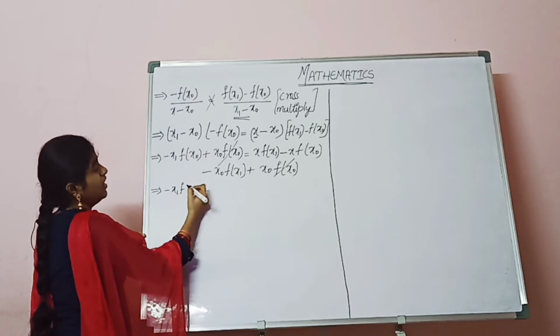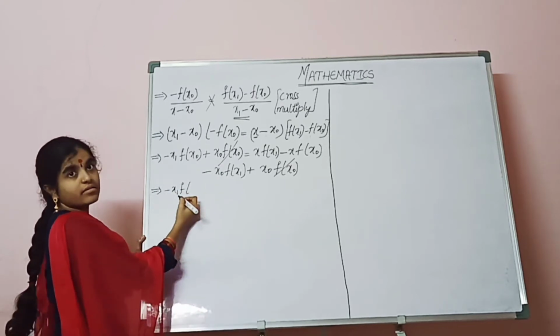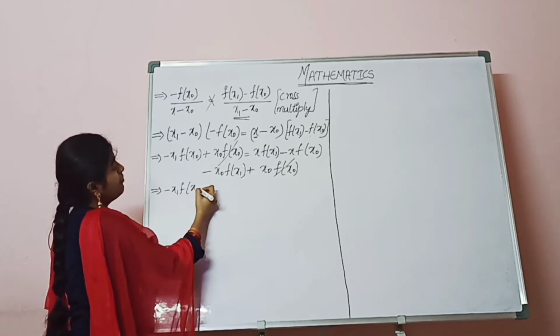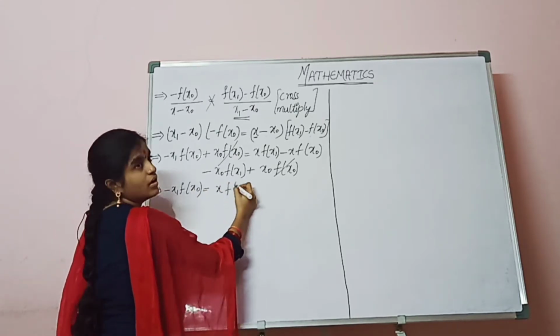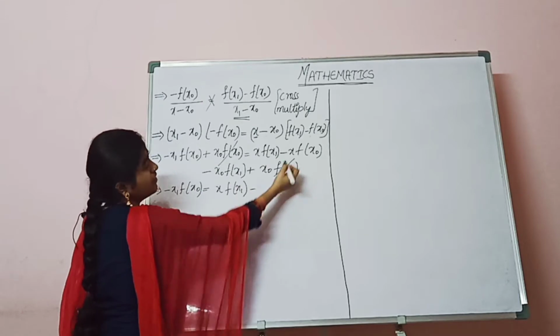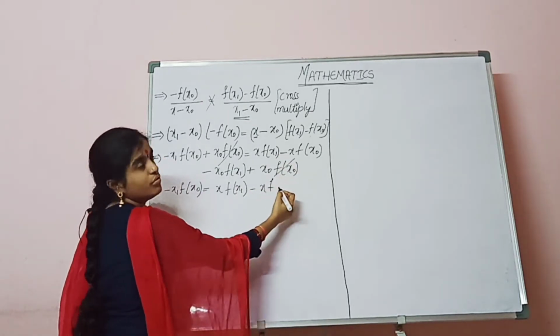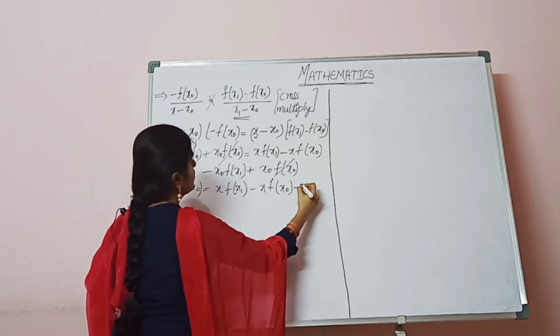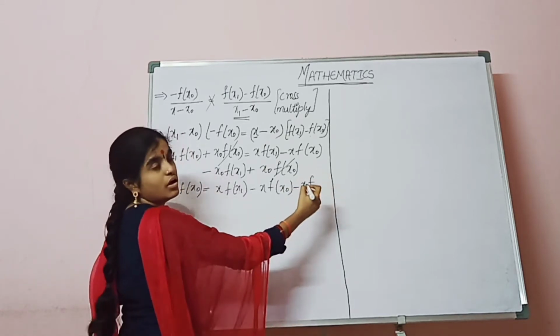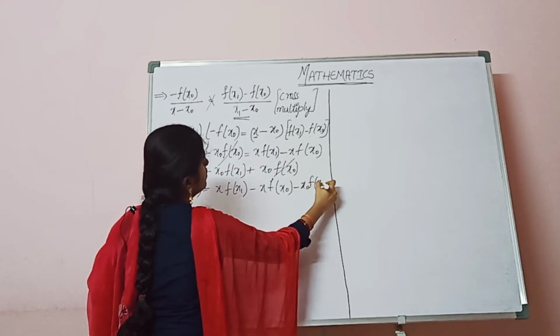Minus f of minus x1 into f of x naught equals x into f of x1 minus x into f of x naught minus x naught into f of x1.